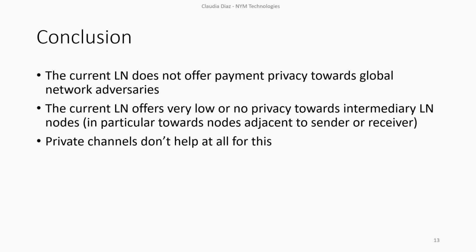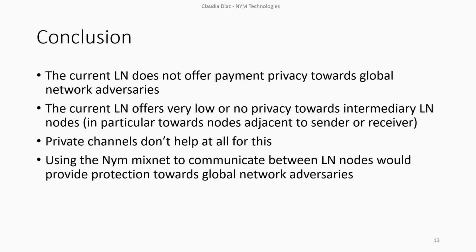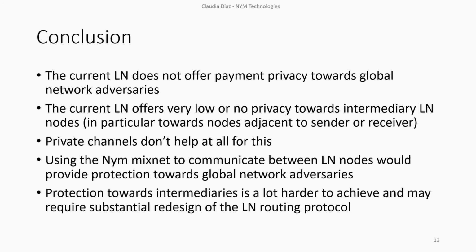Private channels are not really helping for this, and using a mixnet to communicate between Lightning Network nodes would kind of solve one of the vectors of attack towards one of these adversaries, which is the global network adversary. So that vector would be gone. Unfortunately, for protecting against intermediaries, we might have to do more work than just using a secure anonymous transport channel.